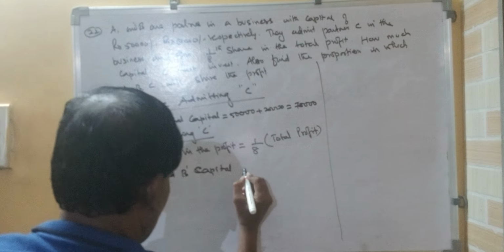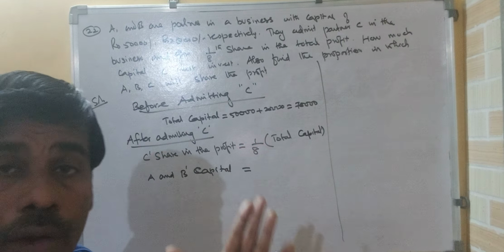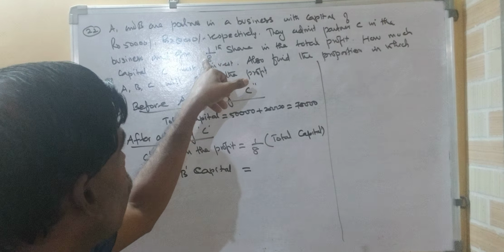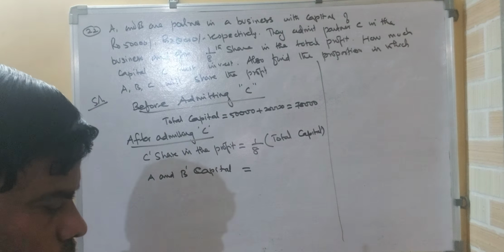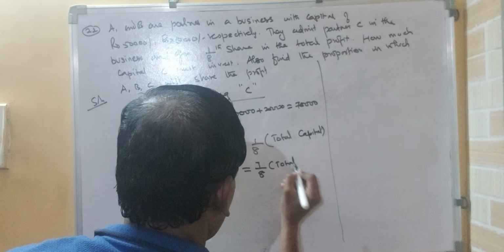They have divided into 8 equal parts. Out of 8, one part is given to the C partner. So what is the balance for A and B together? 7 parts. 7 upon 8 into total capital.